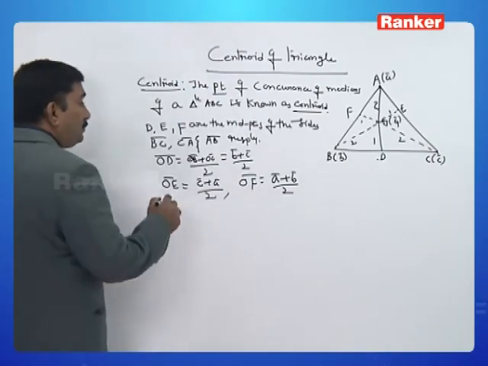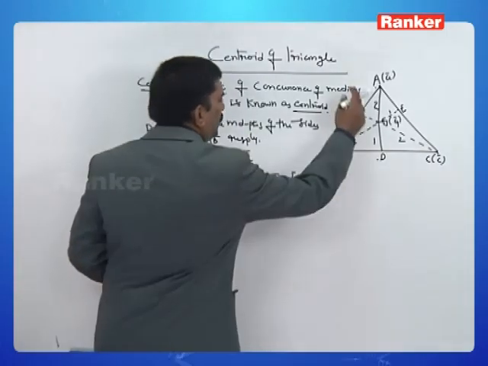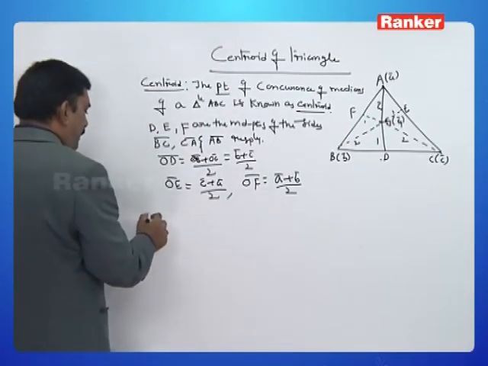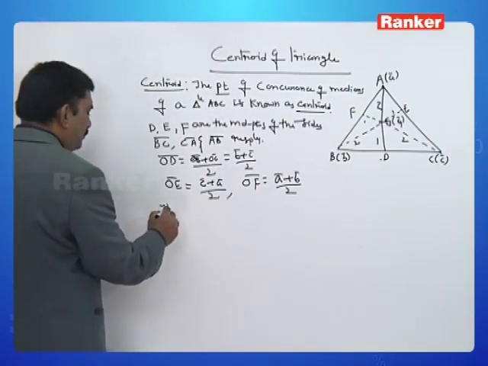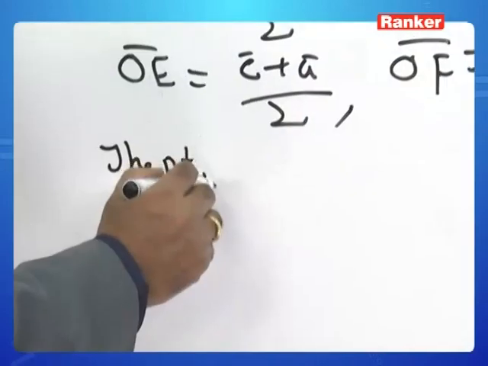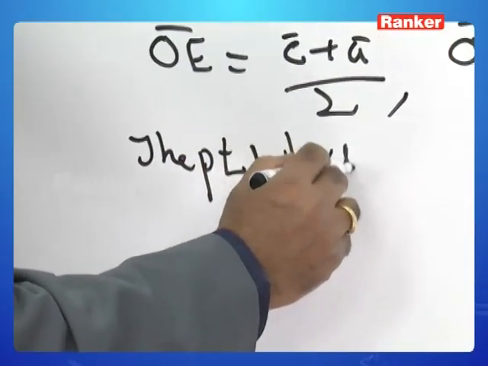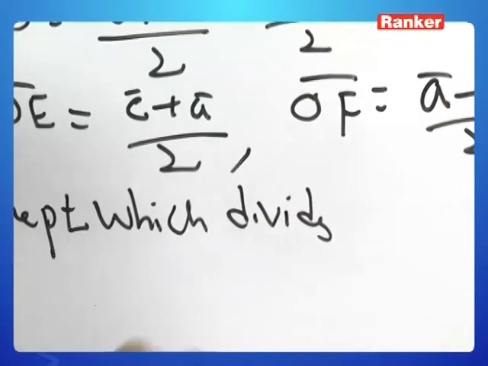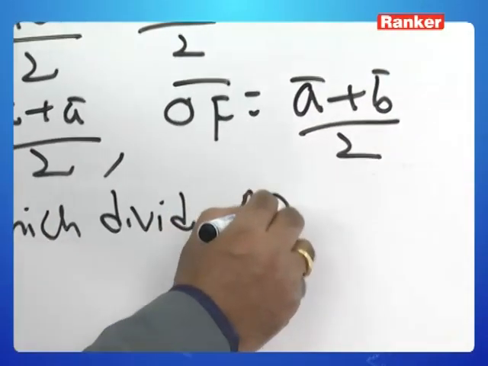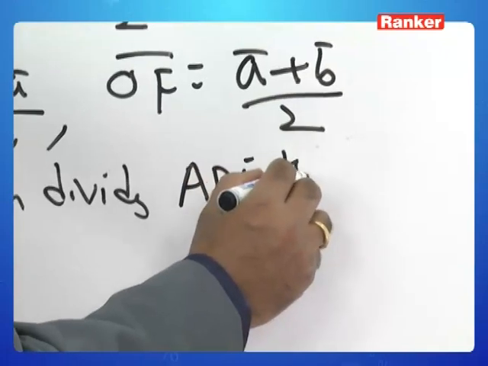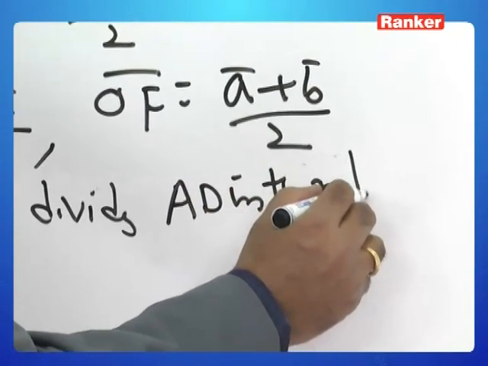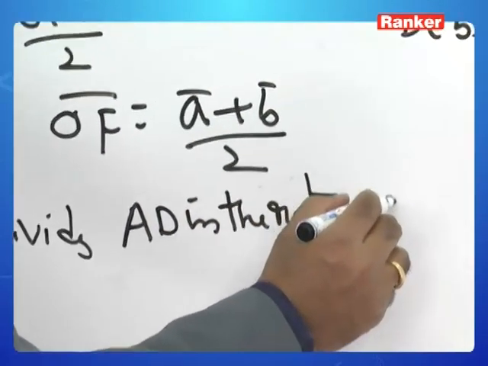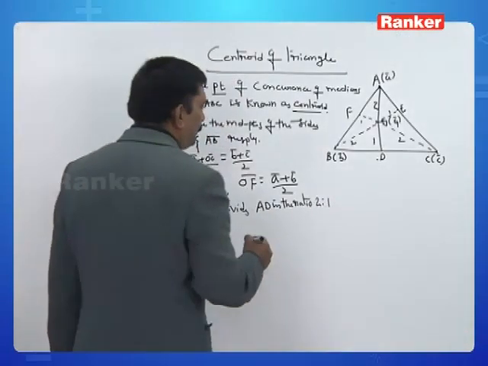Now, let us find out the point which divides AD in the ratio 2:1.